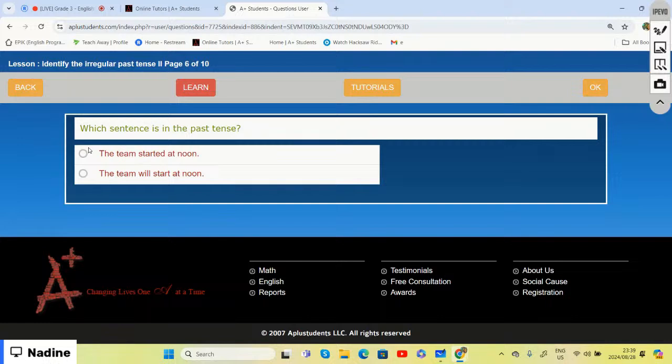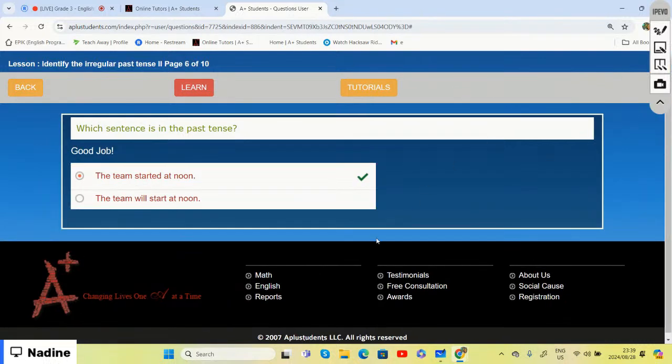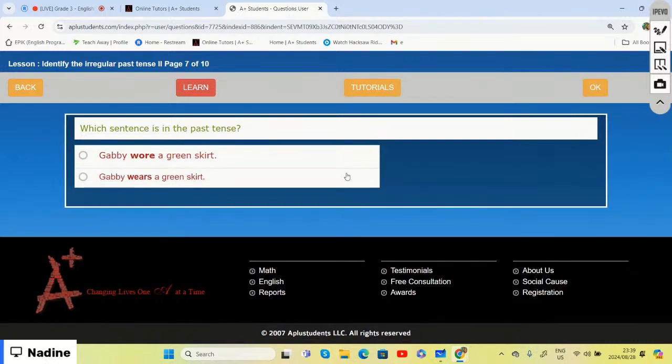If we were to choose the correct past tense, that is irregular, then we will go with option one, where it's the team started at noon. All right, yes, that is correct.